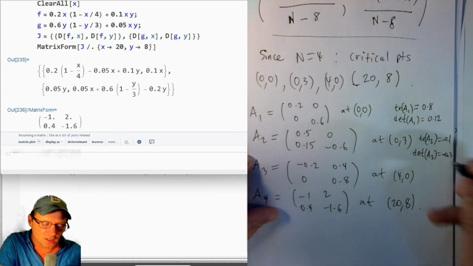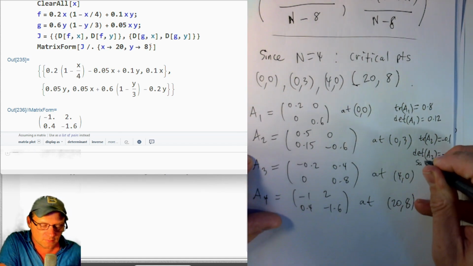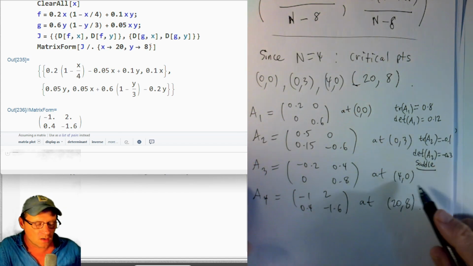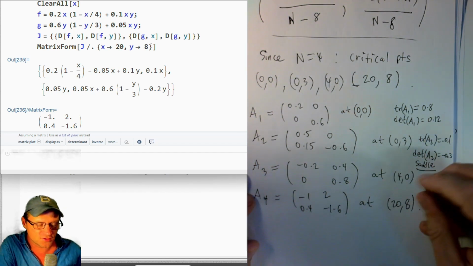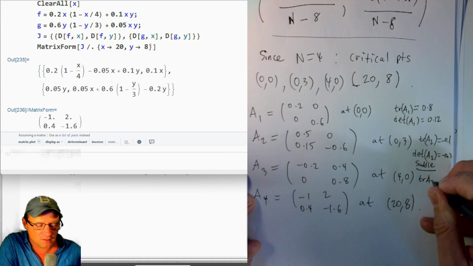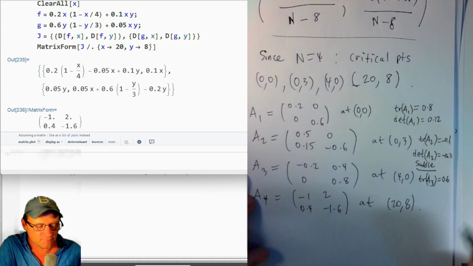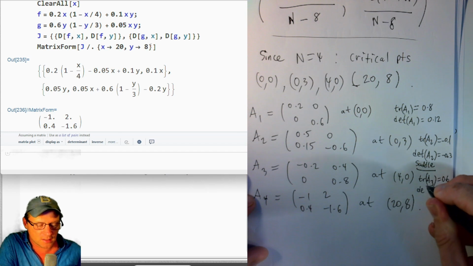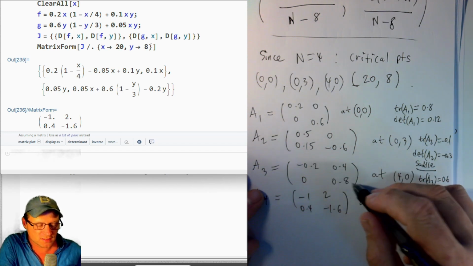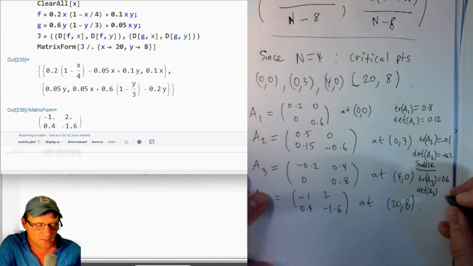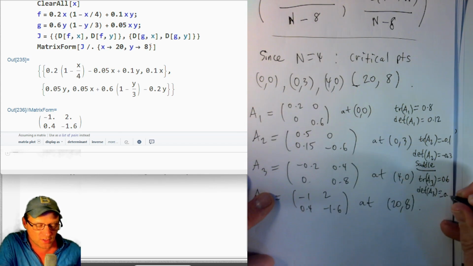All right, so this one is a saddle. So it's unstable. All right, 4, 0, we've got a trace of A3 equal to 0.6 and the determinant of A3, the product of these two because we have a 0 there. So it's negative, it's minus 0.16.